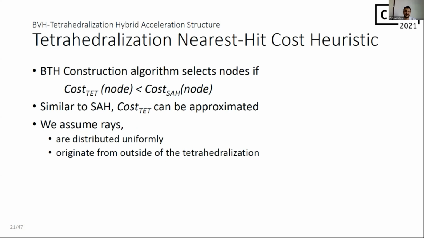This is quite similar to the surface area heuristic, and cost tet, meaning the cost of traversing a tetrahedralization, we can actually approximate it. But when we are doing that, we need to assume that rays are distributed uniformly and they are originating from outside of the tetrahedralization.